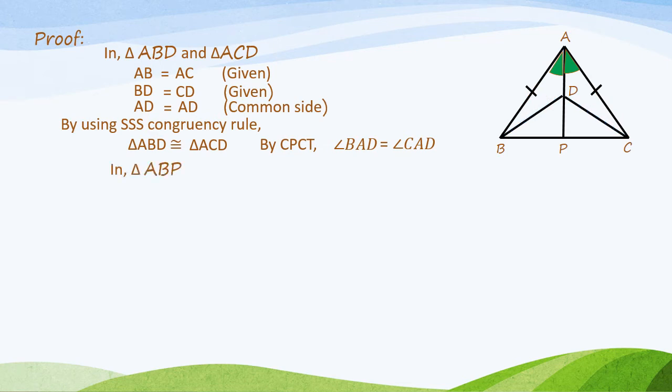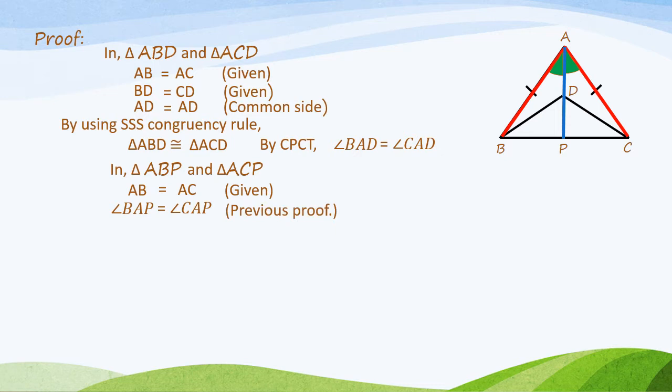Now let us take triangle ABP and triangle ACP to prove the remaining parts, in which we know that AB is equal to AC, that is already given in the question, and angle BAP is equal to angle CAP, that is by using the previous proof, angle BAD equals angle CAD. Next, AP is equal to AP, that is the common side.